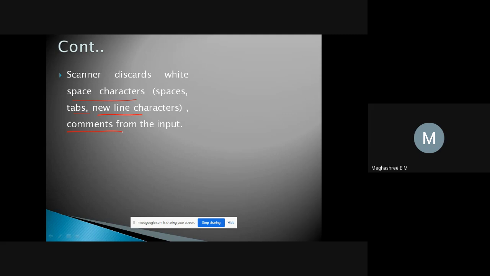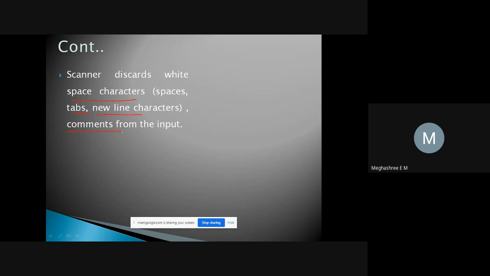So when input is given to this lexical analyzer, it discards the white space present in the high level language code, and also the comments given in the input. And all the other characters are considered, and tokens are generated for them.